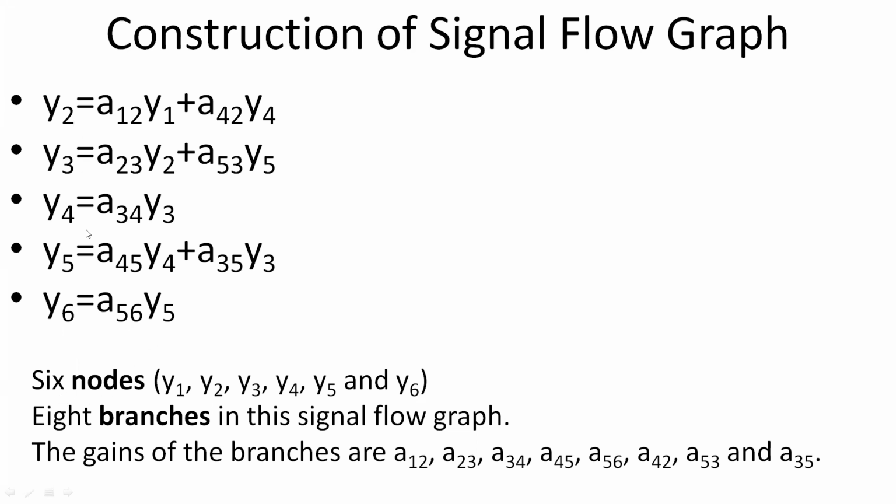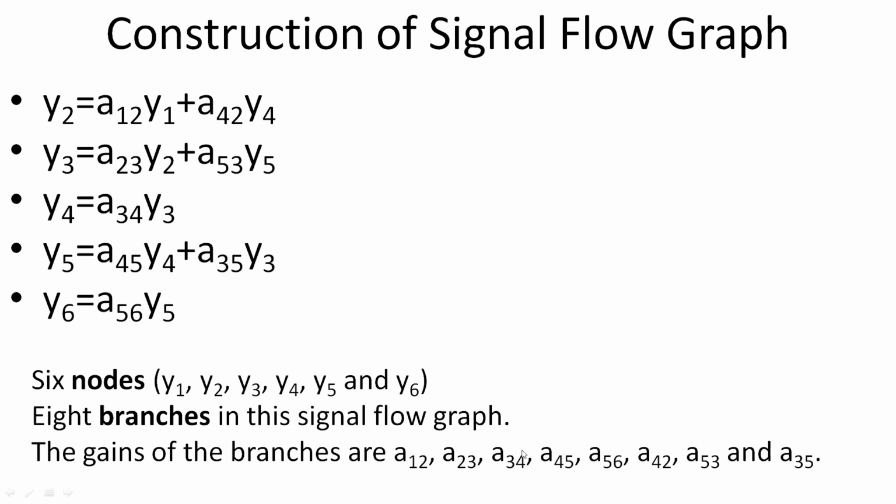So in all these 5 equations we have 6 nodes, which are Y1, Y2, Y3, Y4, Y5, and Y6, and we have 8 branches in this signal flow graph. The gains of these branches are as follows. A12 is the gain of the branch from Y1 to Y2.